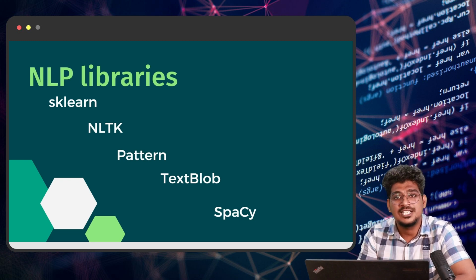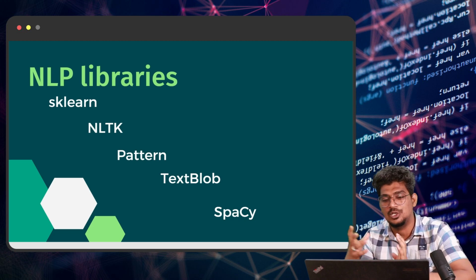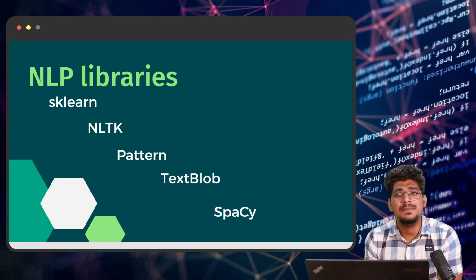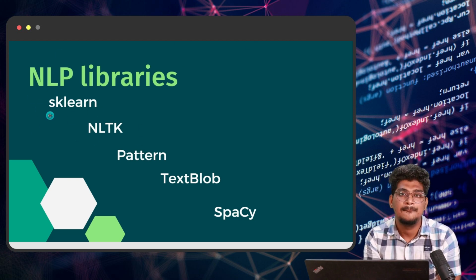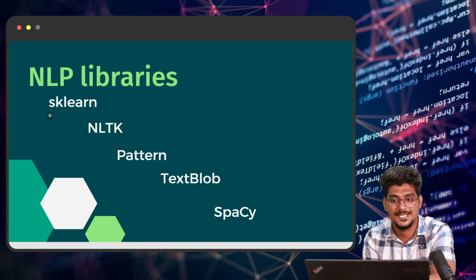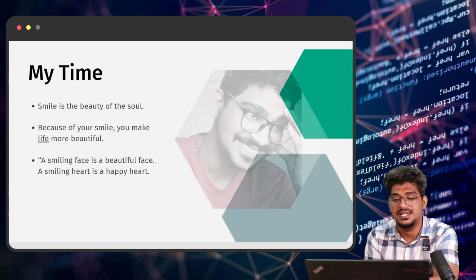TextBlob helps with the same process as NLTK, and Pattern also works on sentence making. So these are the basic libraries for NLP, but majorly we are using sklearn and NLTK for our projects. That's it, guys. These are the NLP libraries.